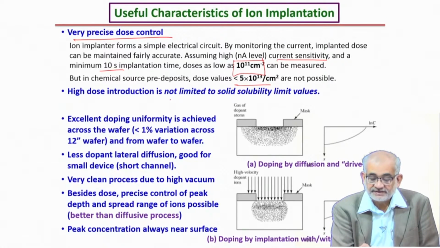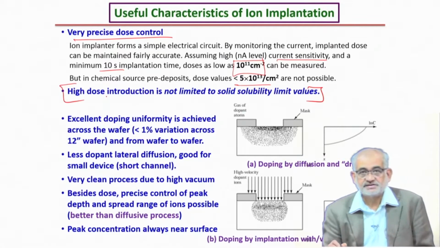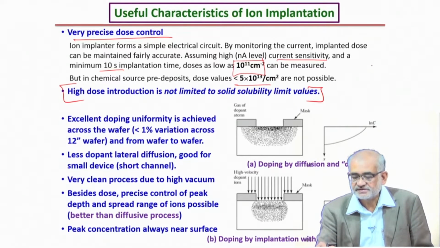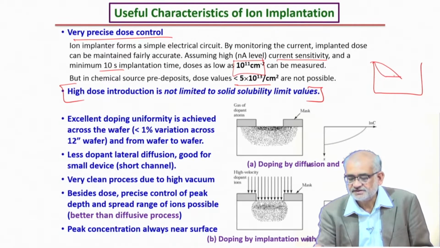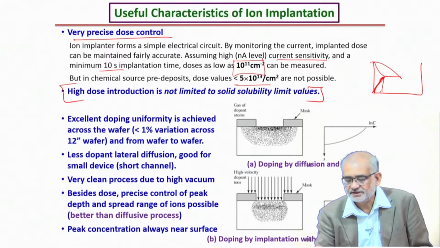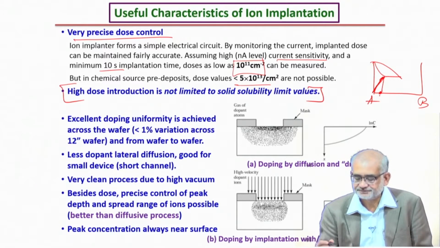Now, this is also a very, very important part of the process. We have always known that, for example, if you look at a typical binary phase diagram, we always tend to see a part of the diagram like this. And this region clearly tells us that this is the limit of B in A. So this is the limit of B in A.